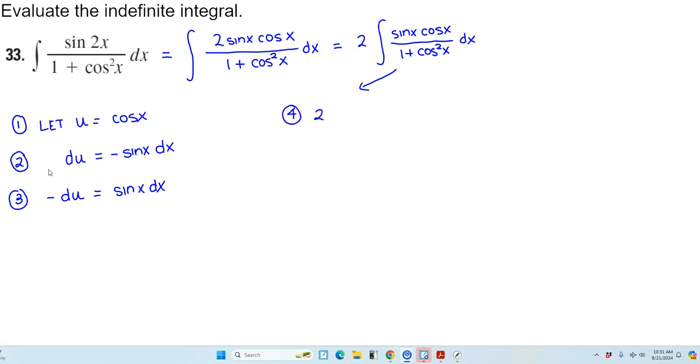Okay, so using this, we have 2 times the cosine of x over 1 plus the cosine of x squared times the sine of x dx. Now let's do our substitution.